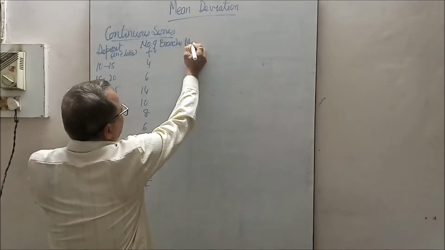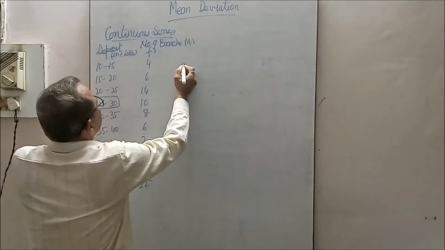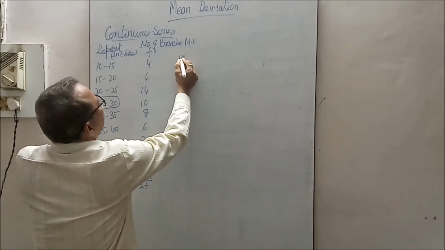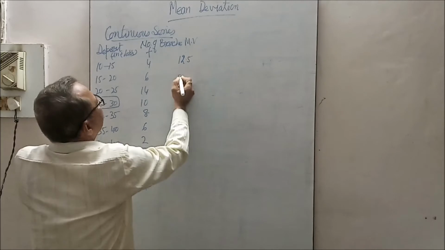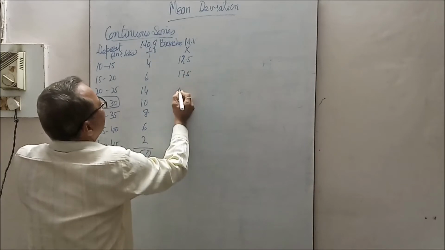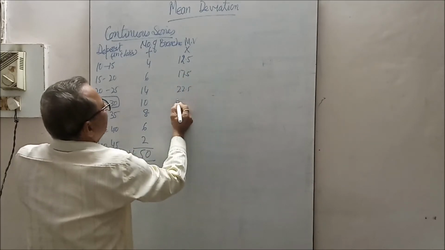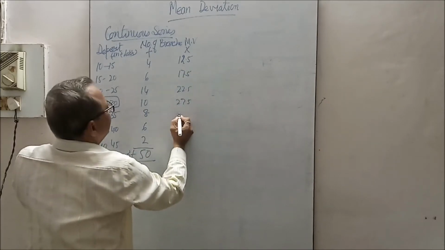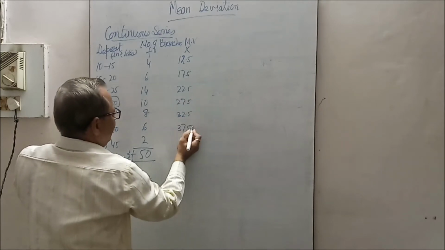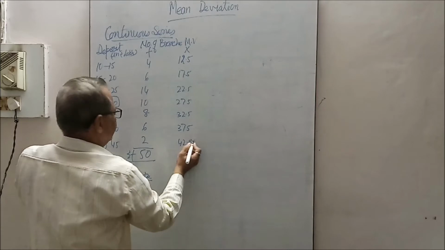First of all, we will find the mid value, called x: 12.5, 17.5, 22.5, 27.5, 32.5, 37.5, 42.5.